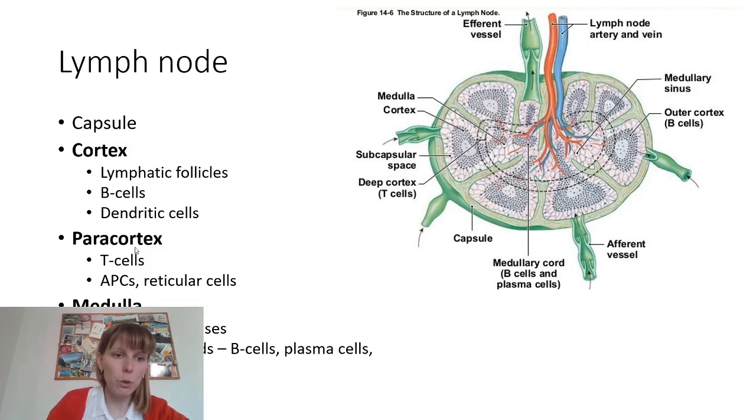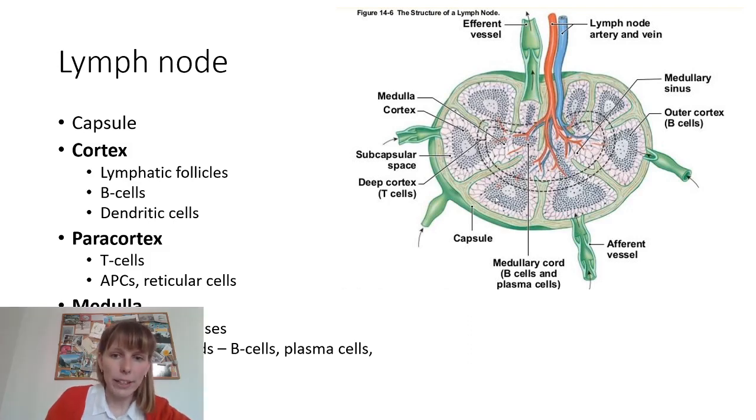And between those two, we will have paracortex, which is like something close to the cortex, but almost in medulla. It says deep cortex here, but it's the same thing. So you have cortex and medulla inside, similar to all the other organs where we met something like this.